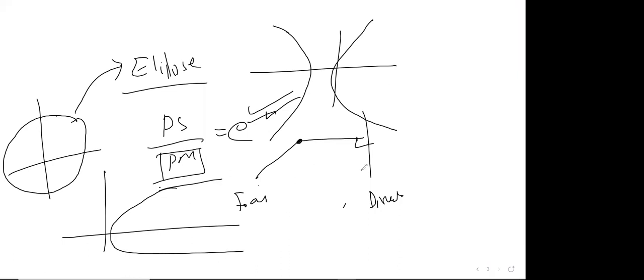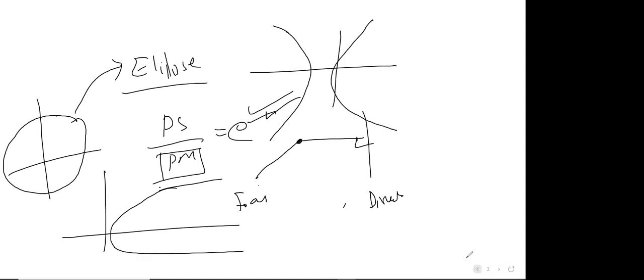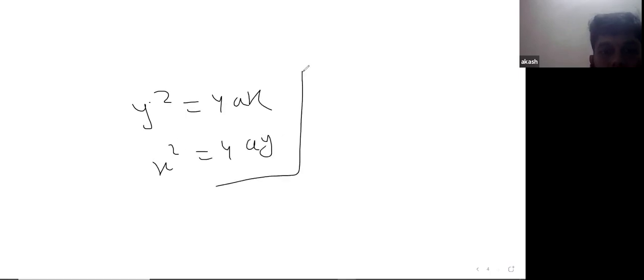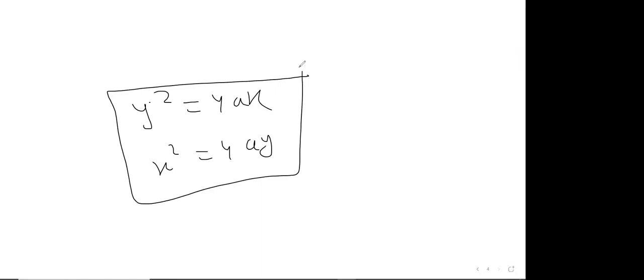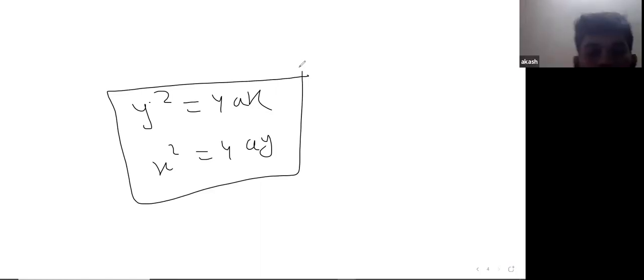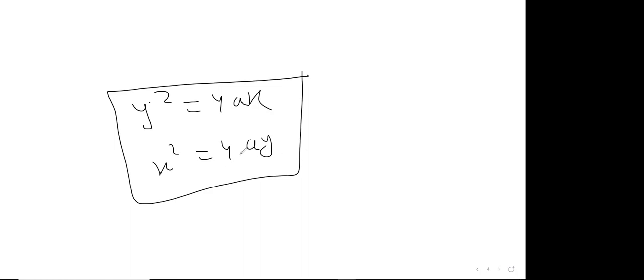Now moving forward. You have a standard equation for parabola. There is no plus minus; you can write plus minus also. Where was this equation derived from?